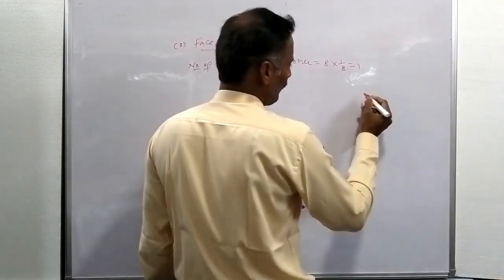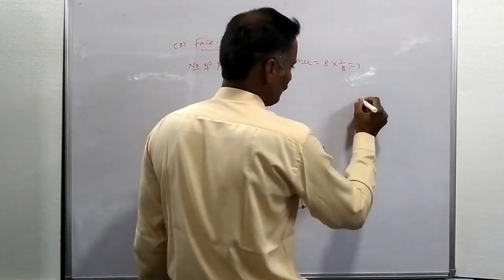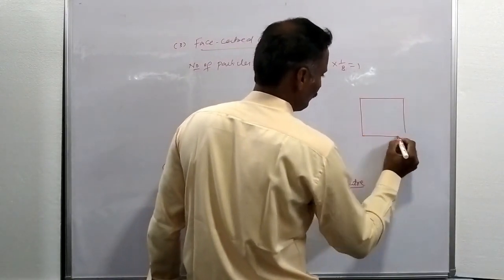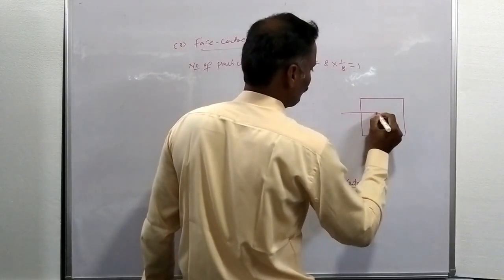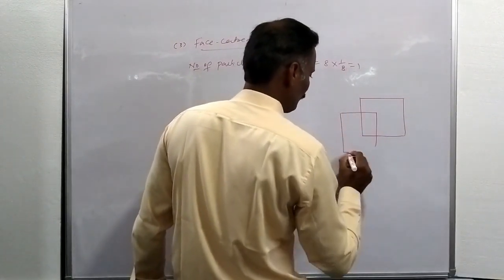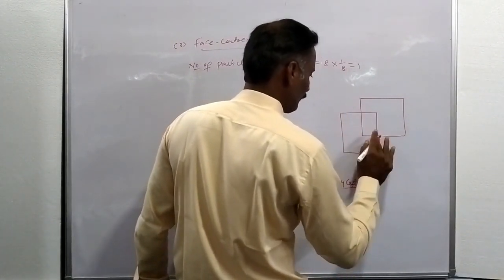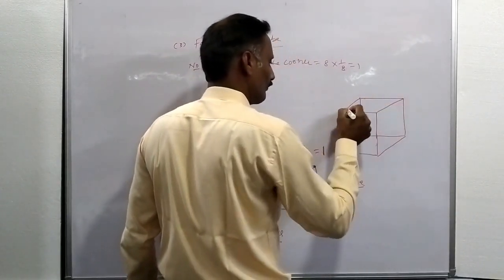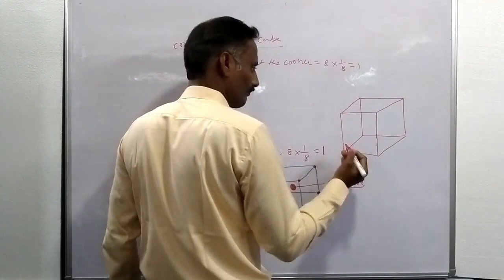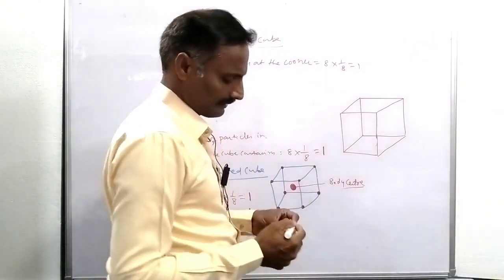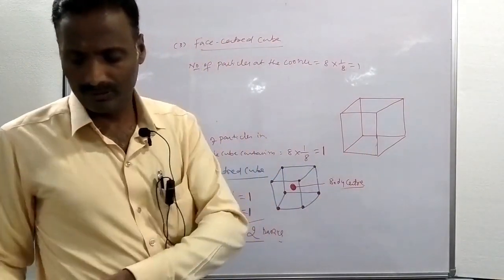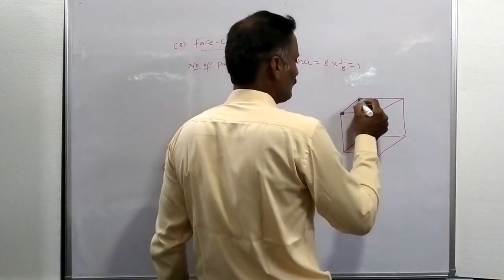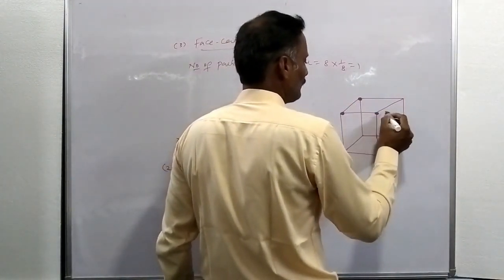Here, for example, you are drawing a diagram of the face-centered unit cell. There are 8 corners. 8 corners have 8 particles.